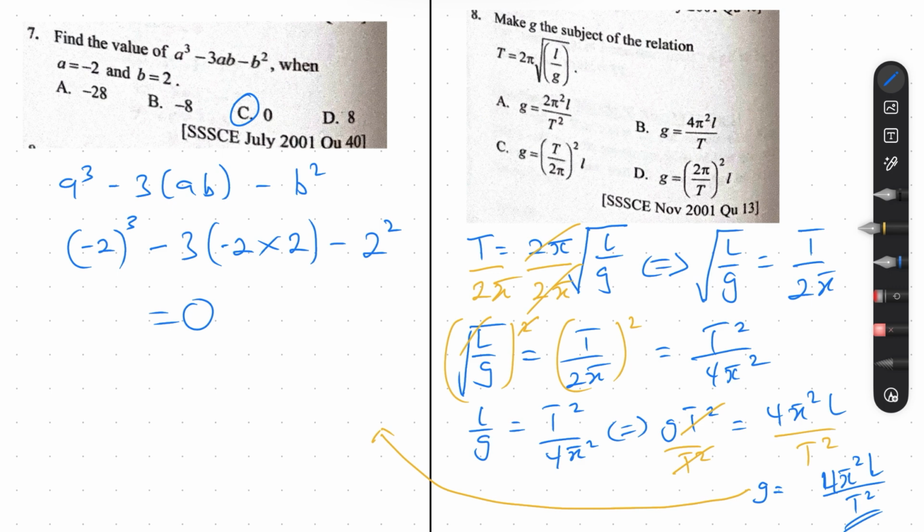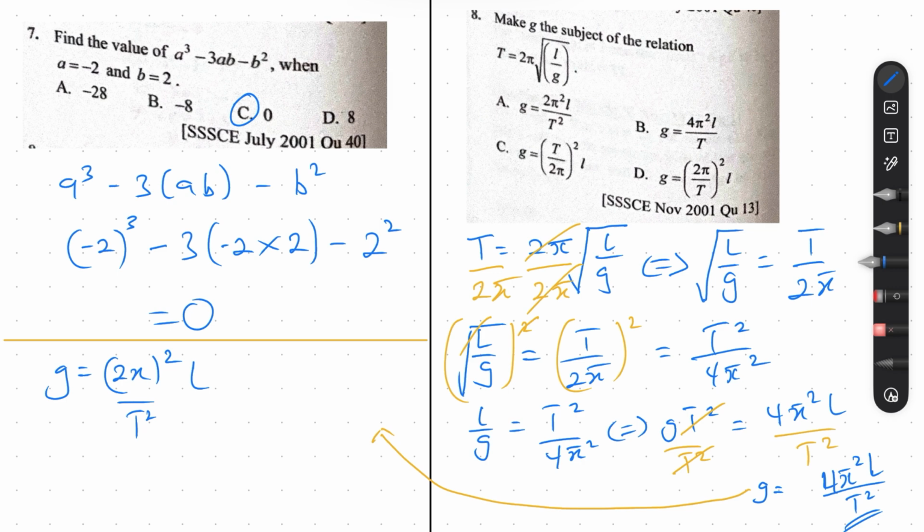So what they did was they rewrote this into 2 pi squared. We have G is equal to, we know 4 pi squared is the same as 2 pi all squared, and then at the bottom we have t squared, and L.